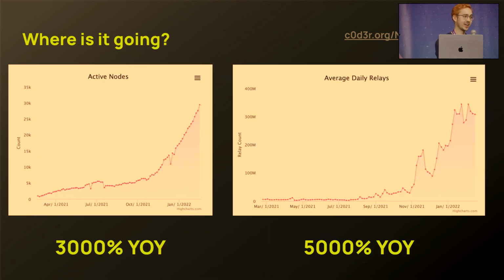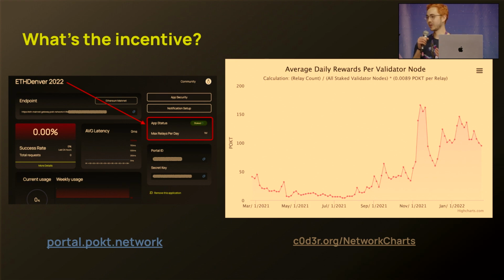But what's even crazier is not where it is, but where it's going. So if you look at the number of active nodes, the year-over-year increase is 3,000%. If you look at the number of average relays, it's up 5,000% year over year. But how are we getting there? Like, there's so many nodes, so many relays.